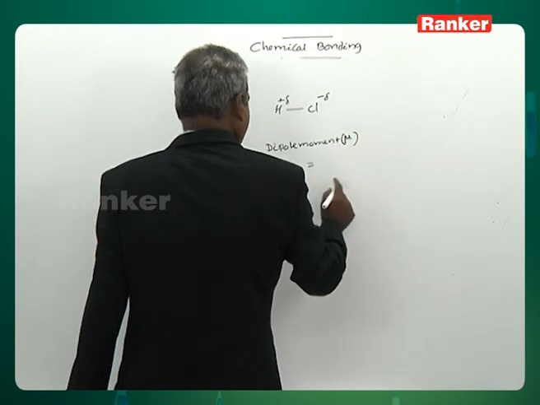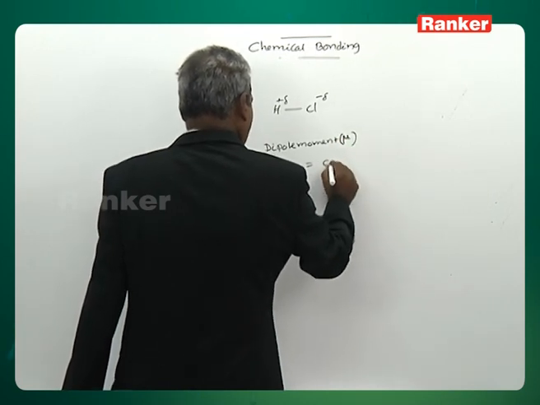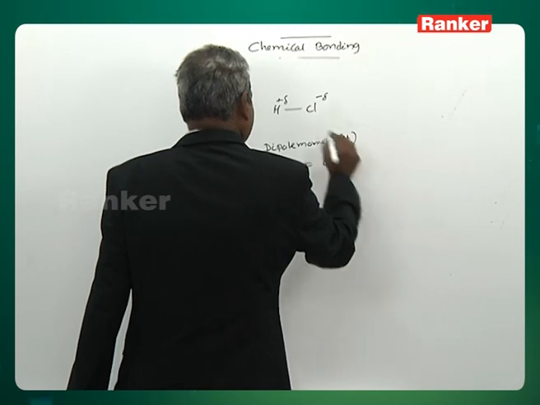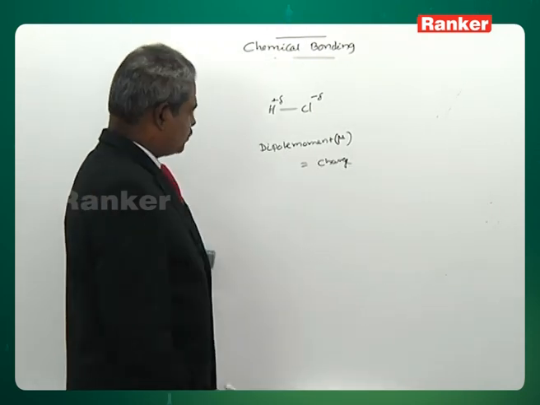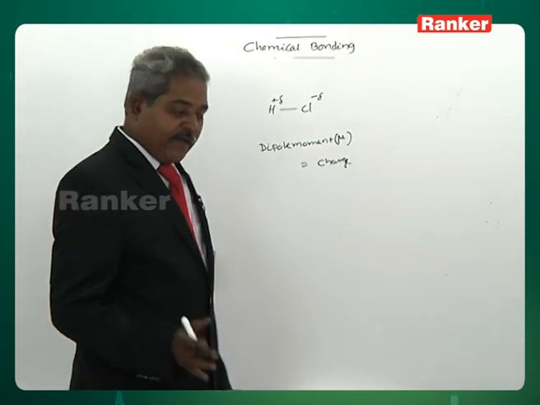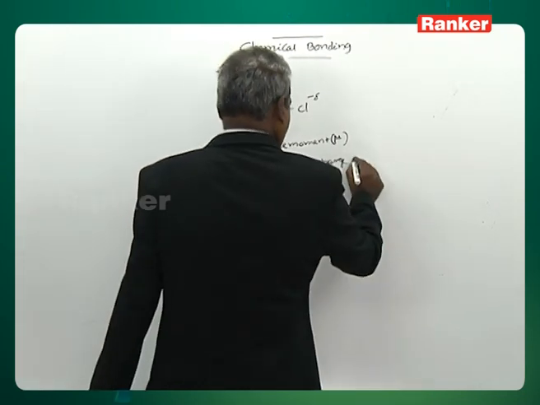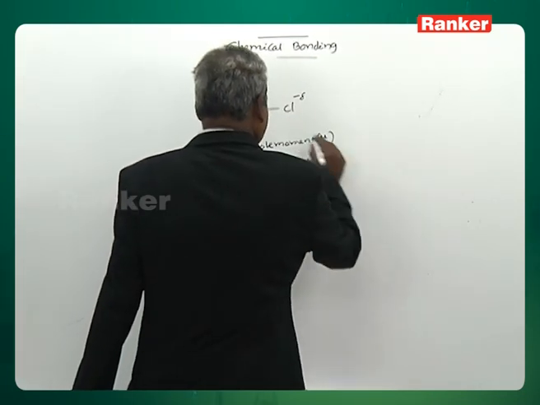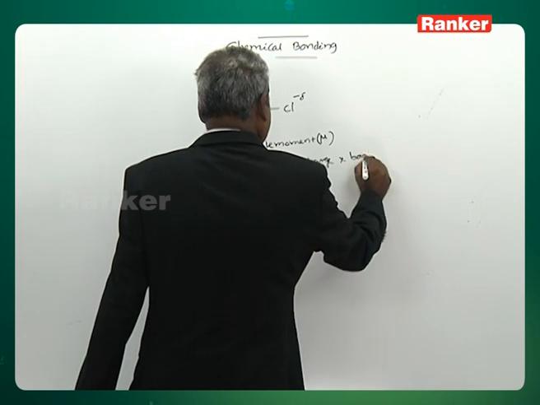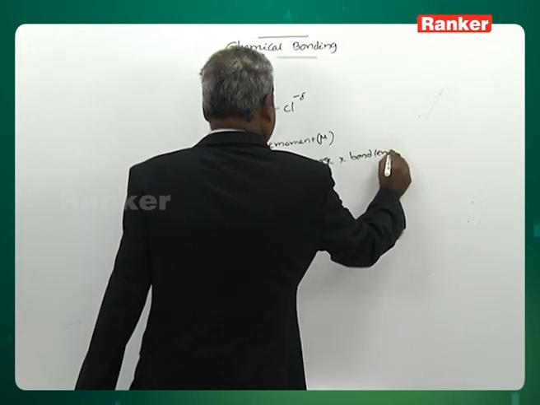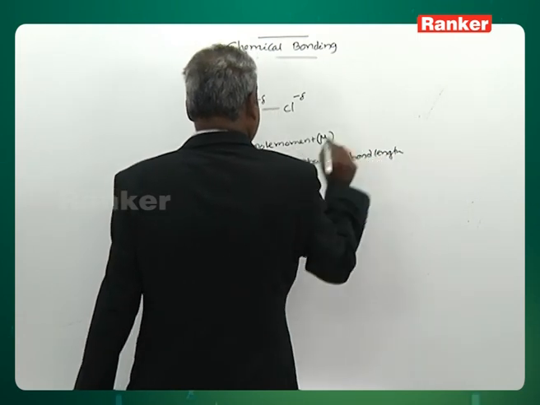Dipole moment mu is equal to charge acquired by each atom, whether positive or negative, into distance, which is called bond length. Charge into bond length.